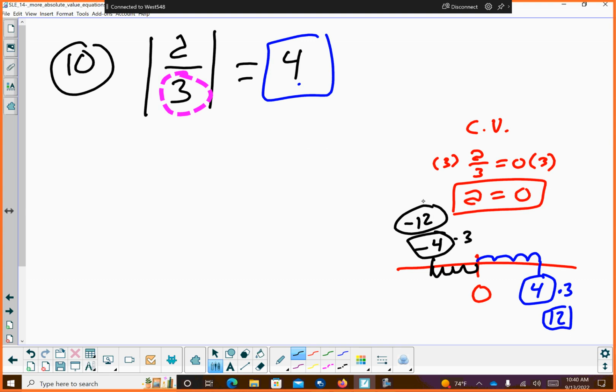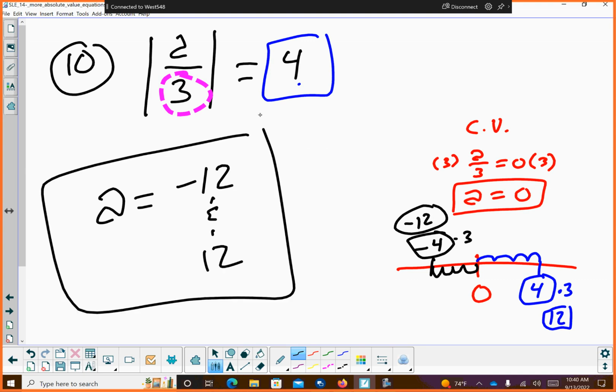Oh. So wait a minute. So we just discovered something that might be a little different that we have to take care of. Because this was a little bit different, we had to add a little extra to it. So my answers to this problem are A equals negative 12 and positive 12. Both of those work.